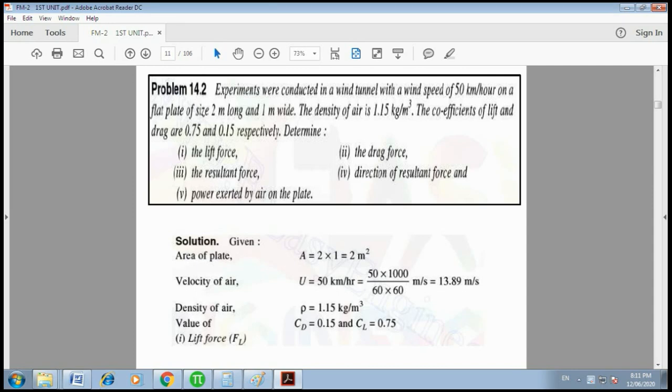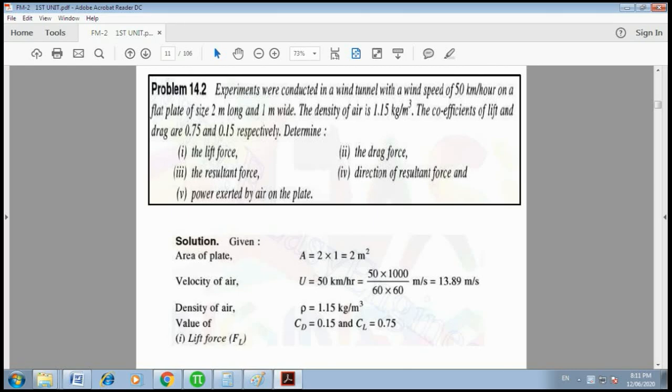First of all, we'll see the given data. The area of the plate, A, is equal to 2 into 1, the projected area, that is 2 meter square. Then the velocity of air is given in kilometer per hour, which we have to convert into meter per second.